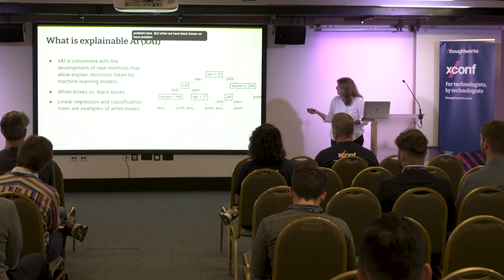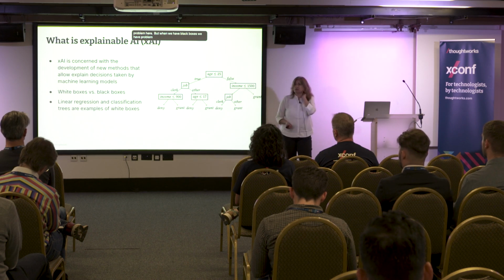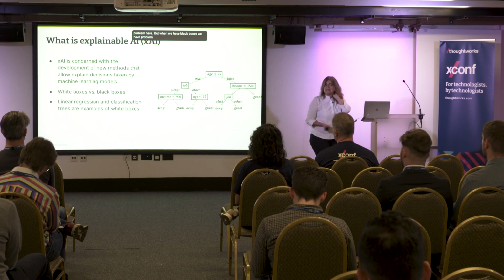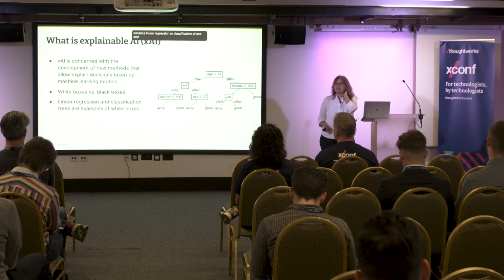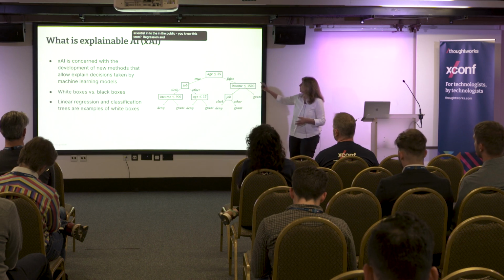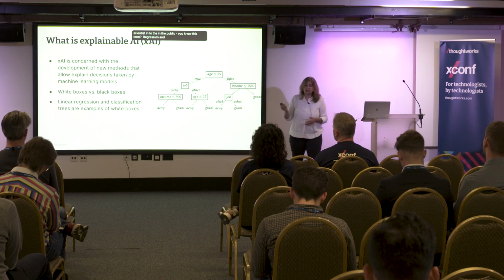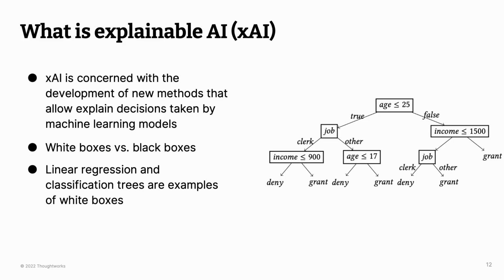So white boxes are, for instance, linear regression or classification trees. If there are data scientists in the public, you know these terms, no? Linear regression, classification trees. A classification tree, for instance, is a clear example of explainable artificial intelligence and white box models. Here on the right side of the slide, we can see an example of a classification tree.